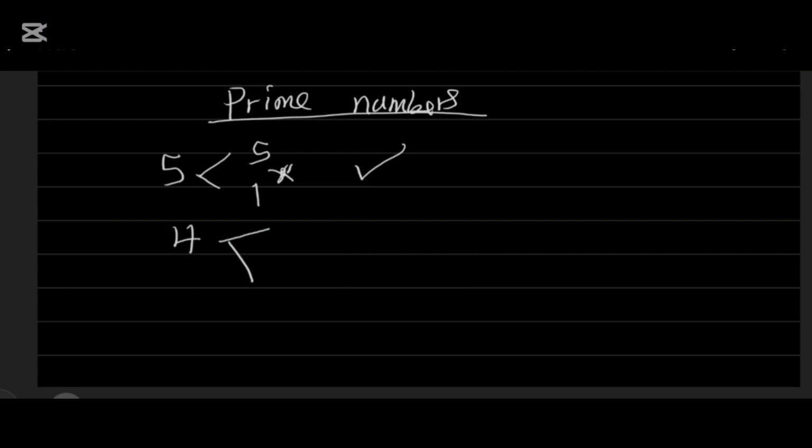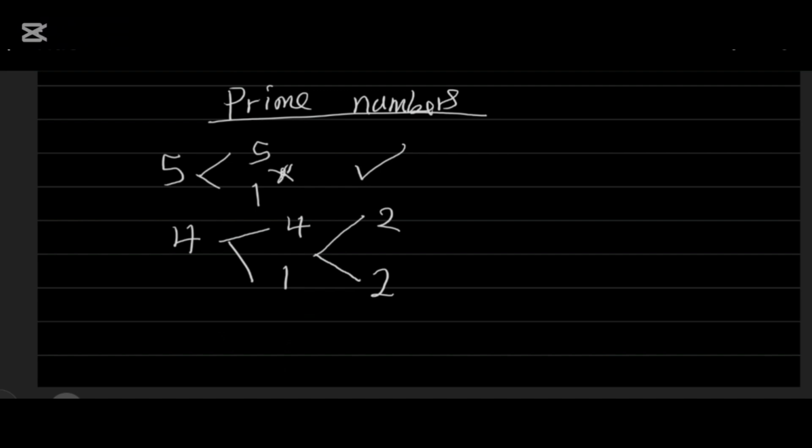Let us take 4. 4 can be formed by multiplying 4 and 1. 4 times 1 is 4. But at the same time, 4 can also be formed by multiplying 2 and 2. This means 2 times 2 is 4, and also 4 times 1 is 4, which breaks our rule, because we said a prime number can only be formed by multiplying 1 and the number.